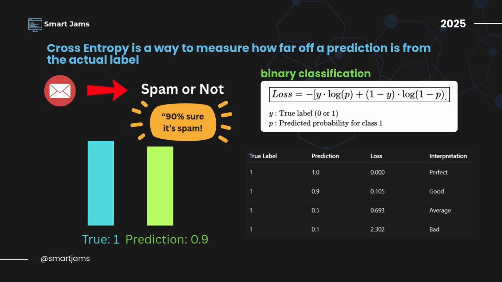This prediction is both wrong and confident, leading to a high loss of 2.302. We interpret this as a bad prediction. This table shows how cross-entropy loss grows rapidly when the model confidently predicts the wrong class, reinforcing the idea that confident errors are penalized more heavily.